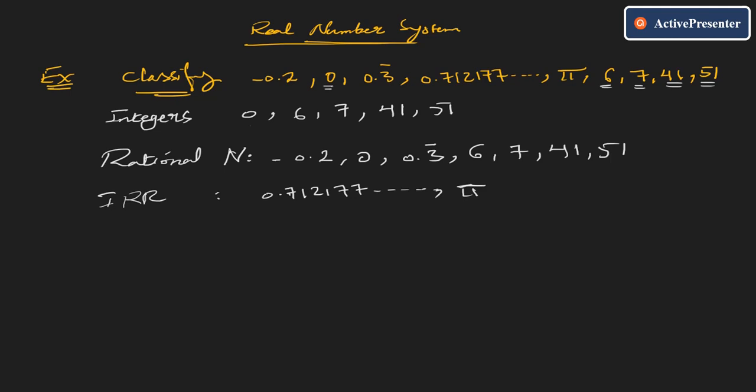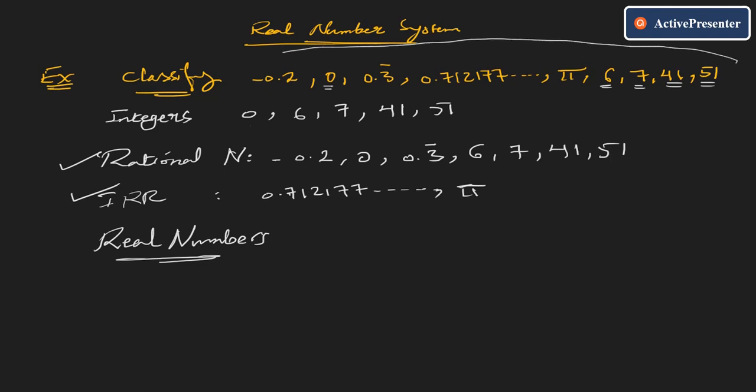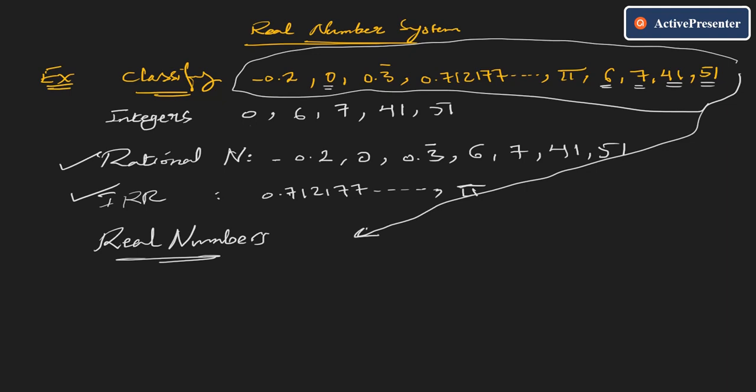What about the real numbers? We know real numbers are the rational and irrational numbers together. They combine. So I think you have to take all these values and write them down here.